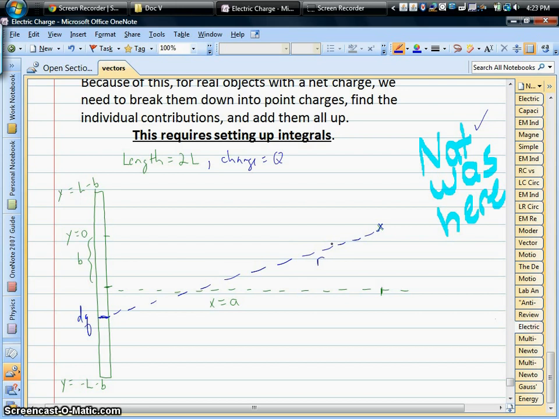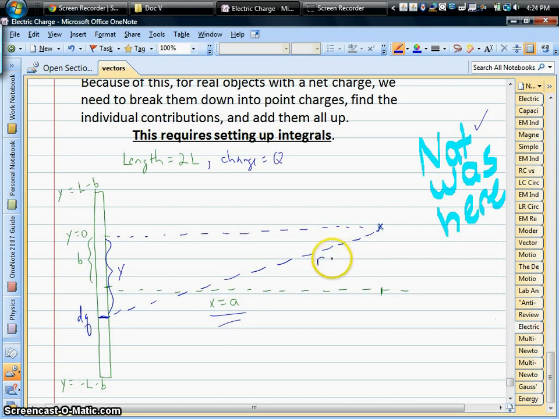Now the way I've set up my coordinates here is my y equals 0 is level with the point that we're trying to find. So our variable is that vertical distance from my origin, which is the y distance. Now the x distance is a set constant, x equals a in this case.